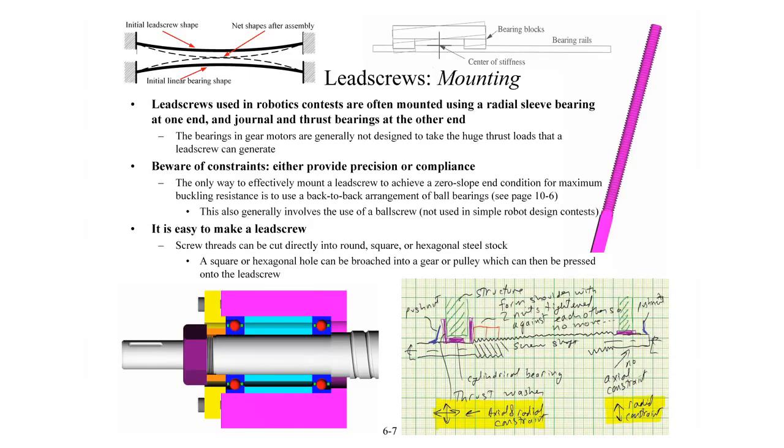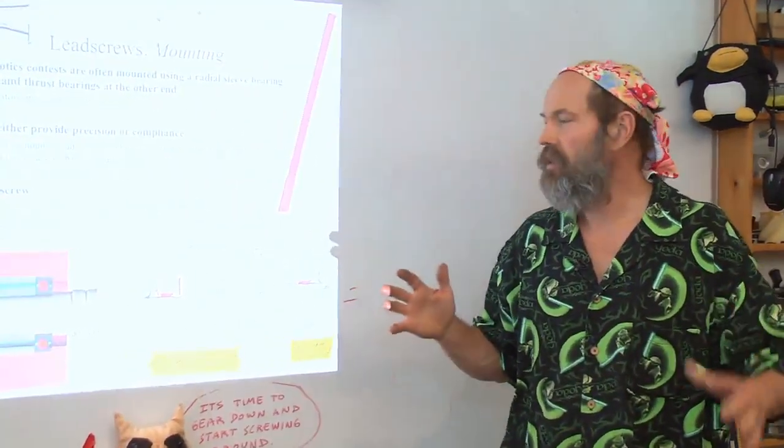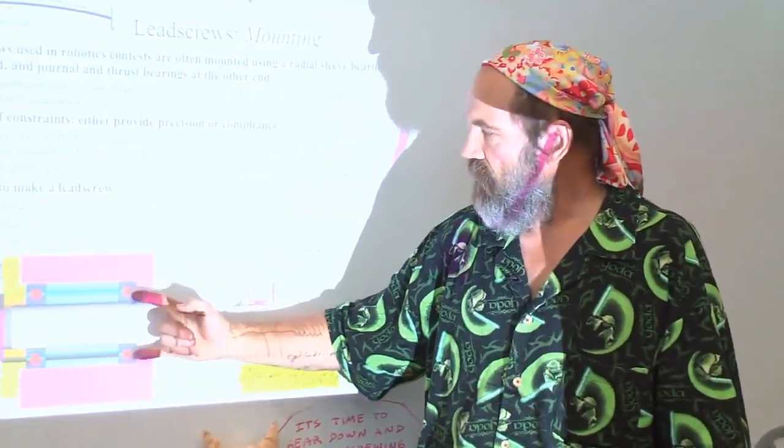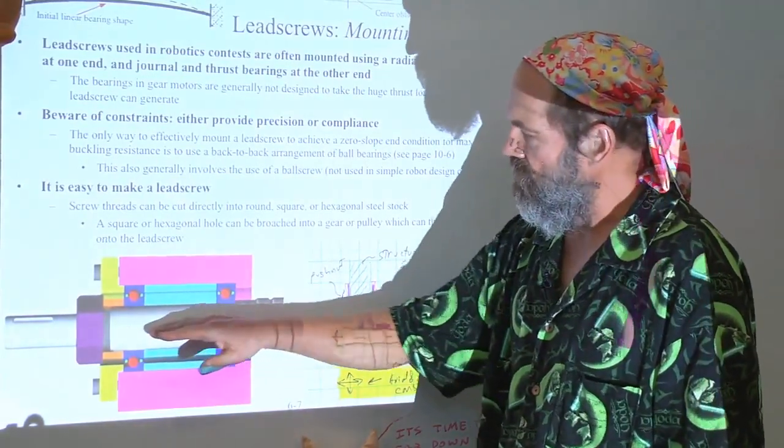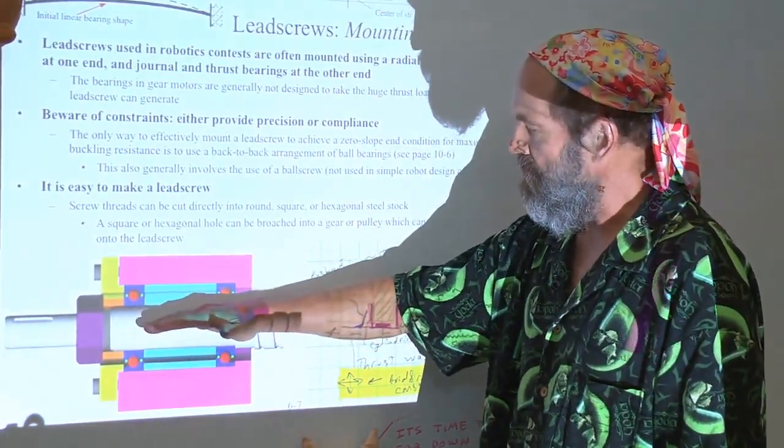So let's think about the mounting of the screw. We just talked about it earlier: how do you mount the screw shaft to deal with thermal strains? How do you tension the screw shaft? How far apart should your bearings be placed such that the screw shaft, as it goes into the mount, thinks it's built into a wall?